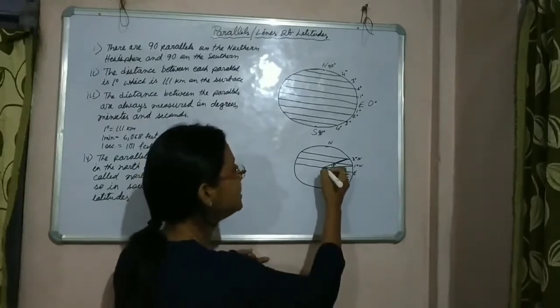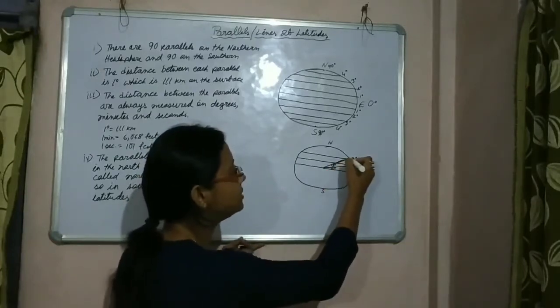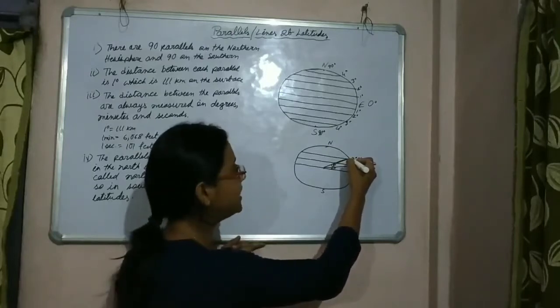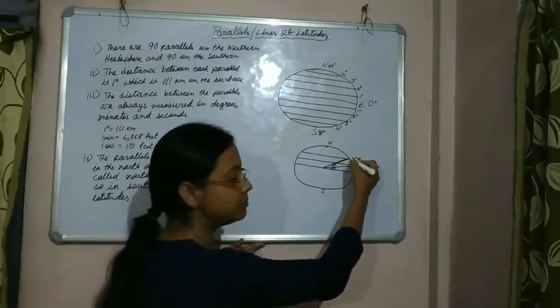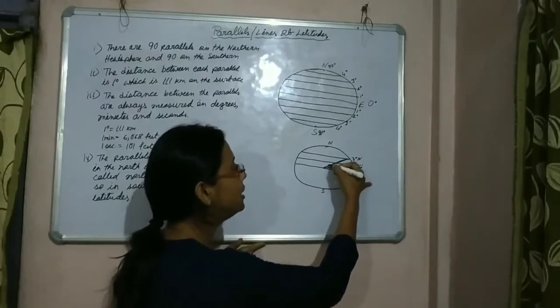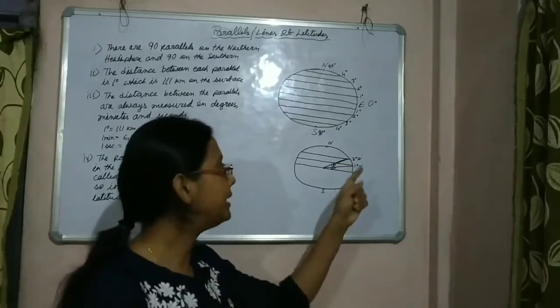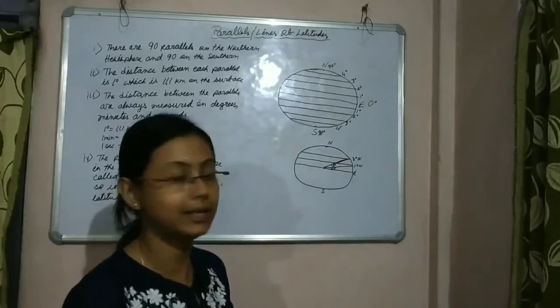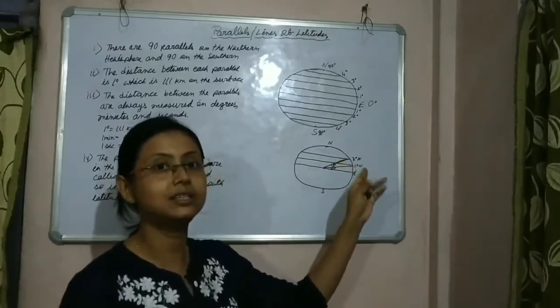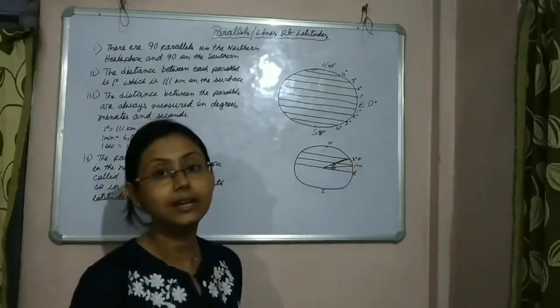Similarly, from the same center, when we draw another line up to the 2 degree parallel, or the second parallel in the Northern Hemisphere from the equator, the angle created measures 2 degree. That is how we get the 1 degree, 2 degree, 3 degree parallels. That is how the distance is measured in degrees.